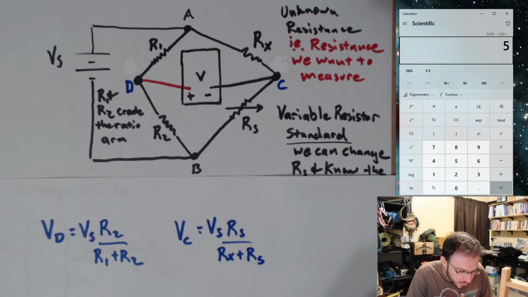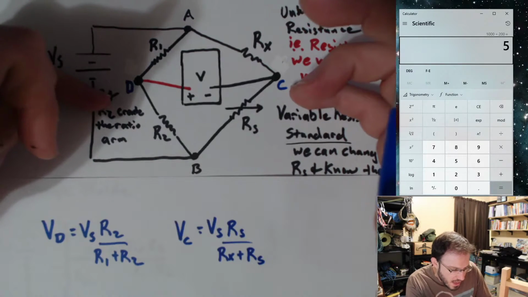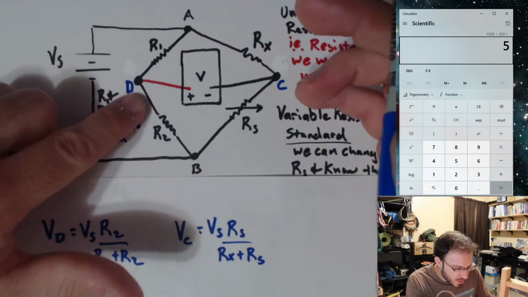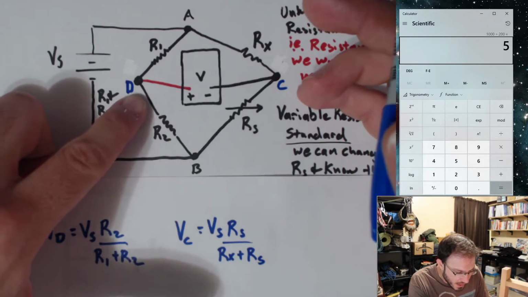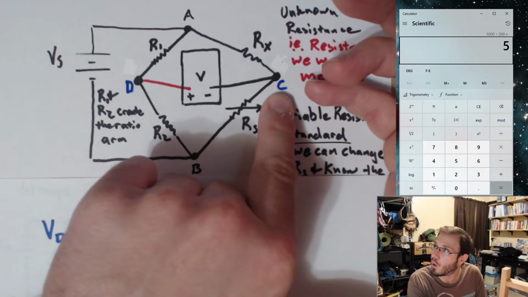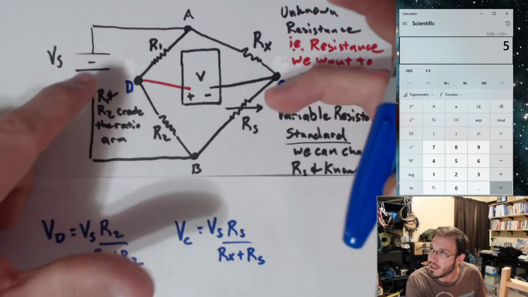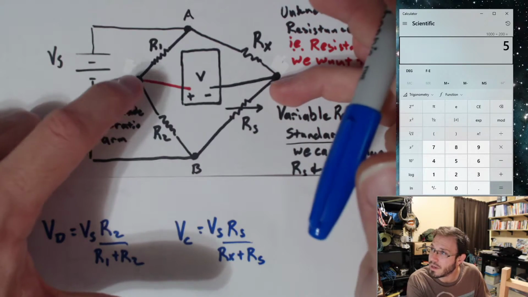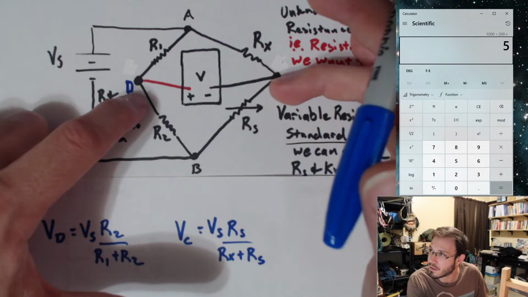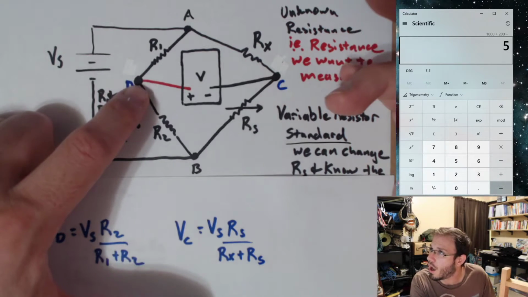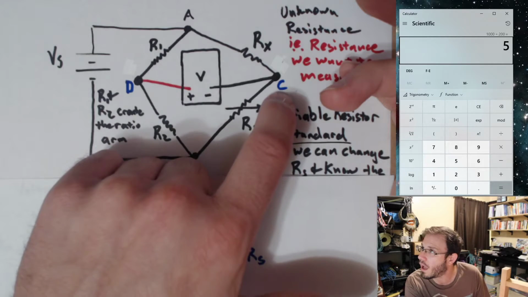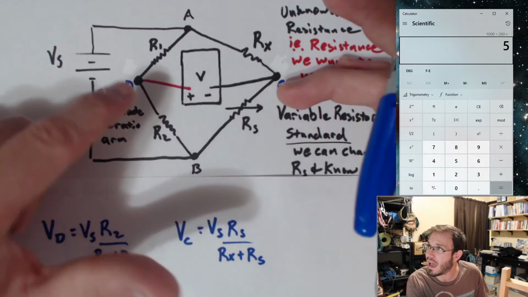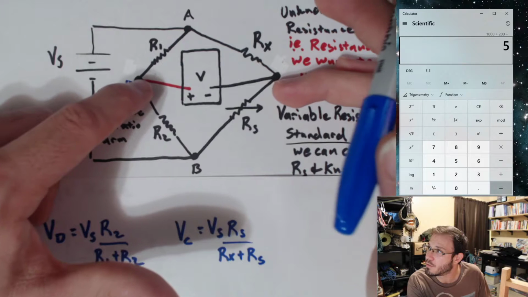Now let's say if we have a voltage of 0 on D and a voltage of 0 on C, then we have no voltage between these 2 points. If we have a voltage of 1 at D and a voltage of 1 at C, again, we have 0 volts between these 2 points.